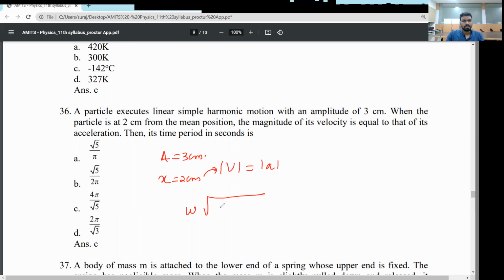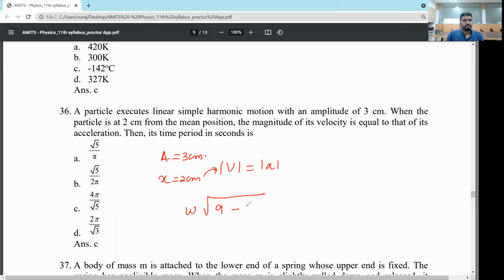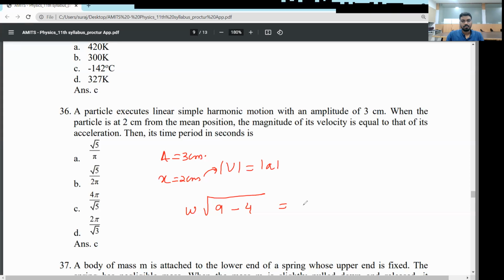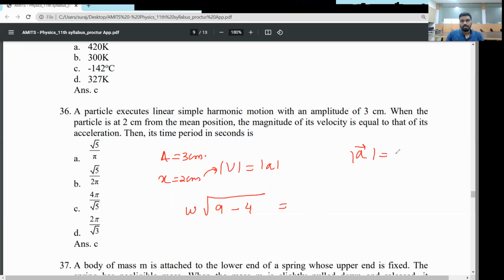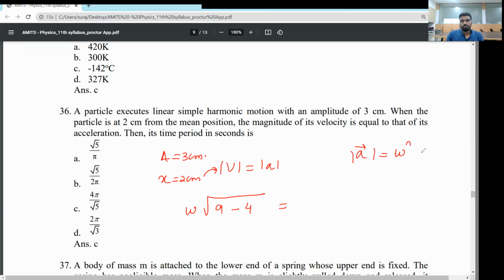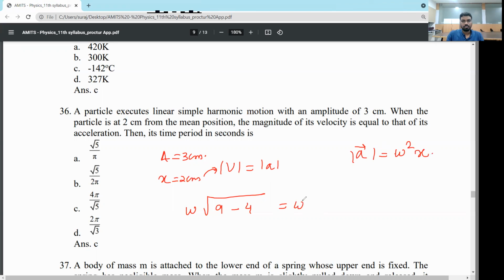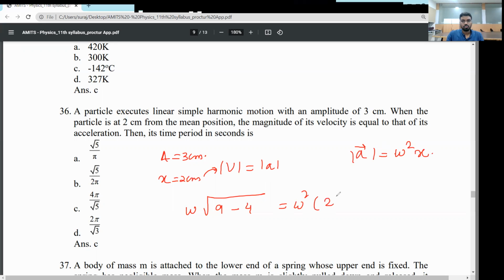minus x square. That means 3 square is 9 minus x square, 2 square is 4. And a is what? Omega square x, right? Only magnitude, so omega square x, where x is given as 2.